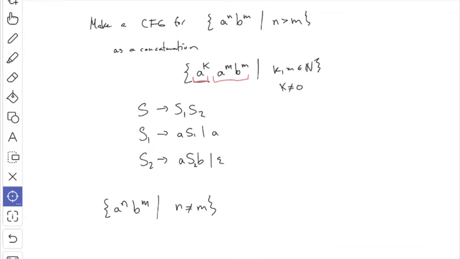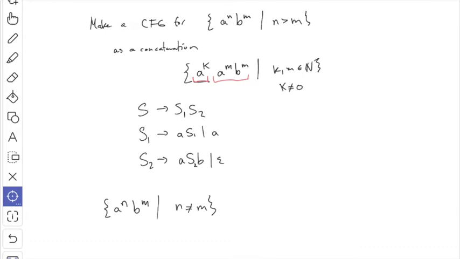You may have noticed, I did just use the word or. Yes, so this is not obvious when you're just looking at this, but if you think about it a little bit, you might decide it would be useful to break this up into two cases, where the n is bigger than the m, or where the m is bigger than the n, and that's a union.